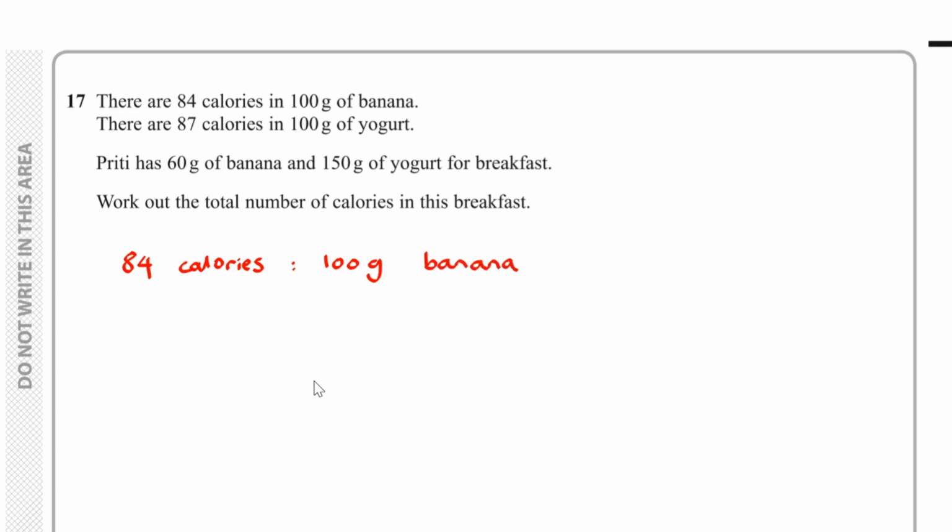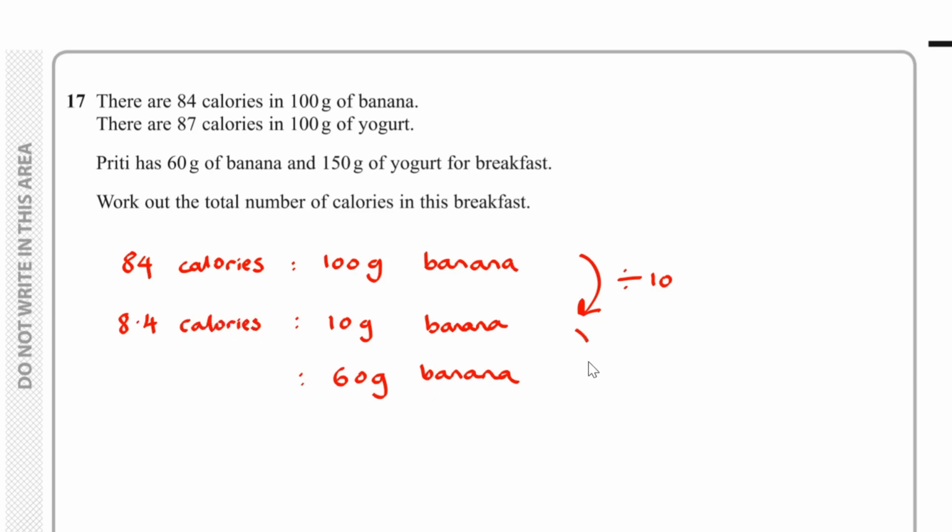And we want to find out how many calories there are in 60 grams of banana. The way we can do this is to go from 100 to 60. Well, working that out is quite hard, but instead we can find out how many there are in 10 grams by dividing by 10. If I do that I get 8.4 calories.